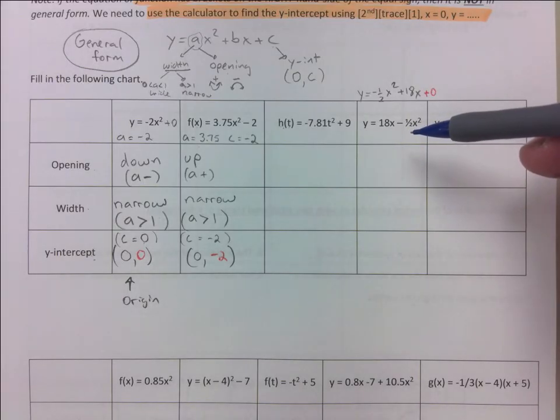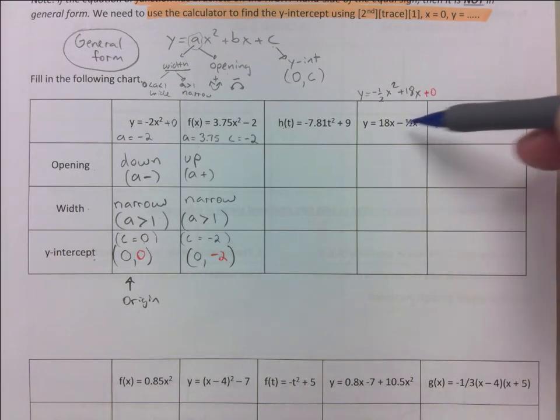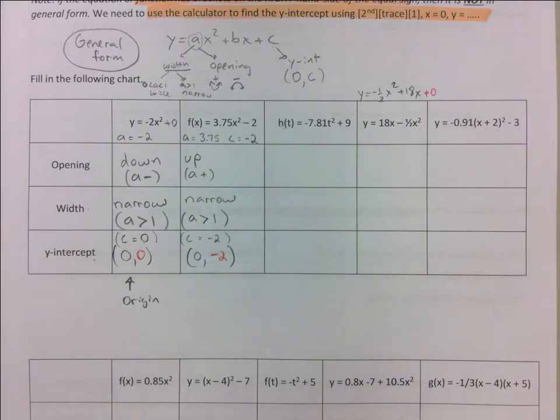I'm messing with you guys a little bit by just switching where it is, but it has no brackets, so we're okay. What do we get from knowing B? Right now, I don't care about it too much, but it does do something to it. It shifts it sideways a little bit. It's almost like rocking a baby. That's what happens to it when you switch B. I'll show you that with Desmos.